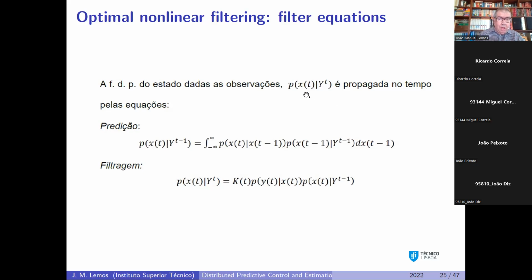Now, what happens when you do these two operations? Well, the convolution preserves Gaussianity. So the predicted density will also be a Gaussian function. And also the multiplication will give you a density function, which is Gaussian, although it's not normalized. So there is a normalization factor that appears, but in the end, the filtered density will also be Gaussian.